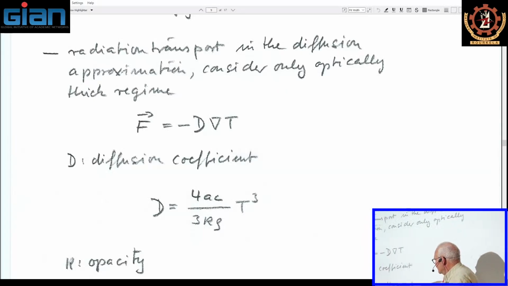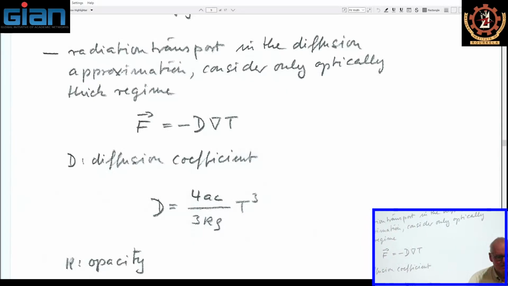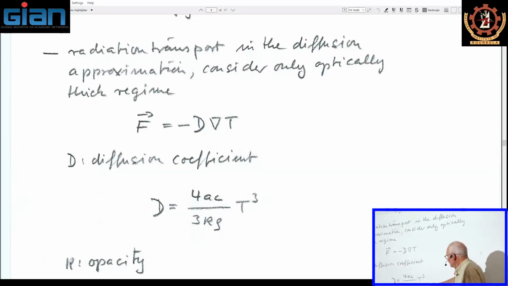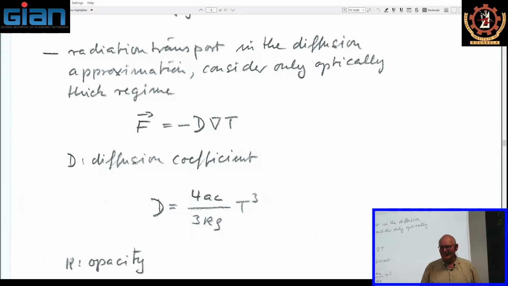Anything remains the same, but we can specify the diffusion coefficient in detail for the diffusion of photons. For diffusion of photons, this diffusion coefficient goes with the temperature to the third. Why does this temperature dependence, how does this temperature dependence come about?